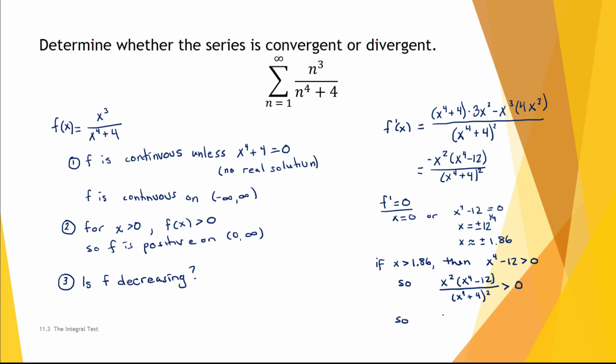And so that means that negative x squared, x to the fourth minus 12, divided by x to the fourth plus 4 squared is less than 0 because I've multiplied by negative 1. Well, this is the expression for our derivative. So our derivative is negative.